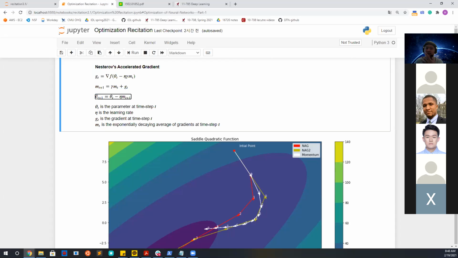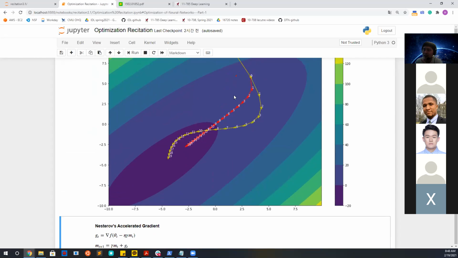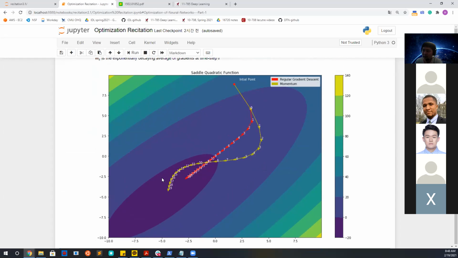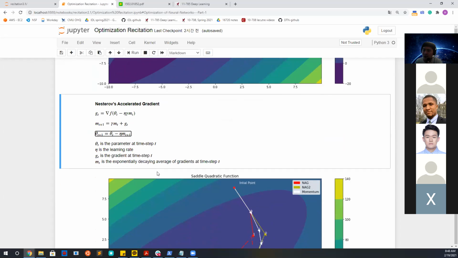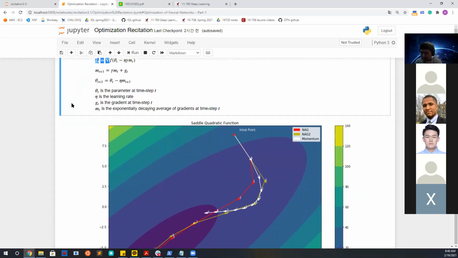So it's incorporating some future information into its current step, which prevents momentum from being reactive in nature, by taking a step ahead and computing the gradient from it.